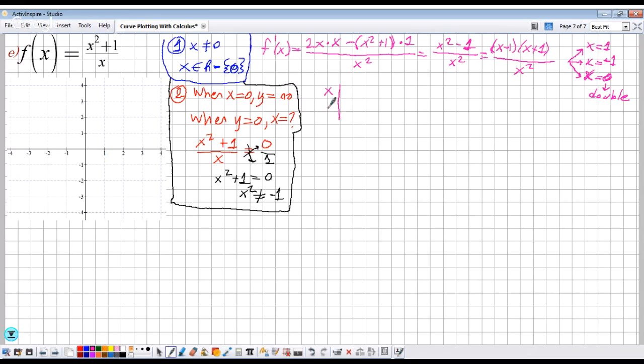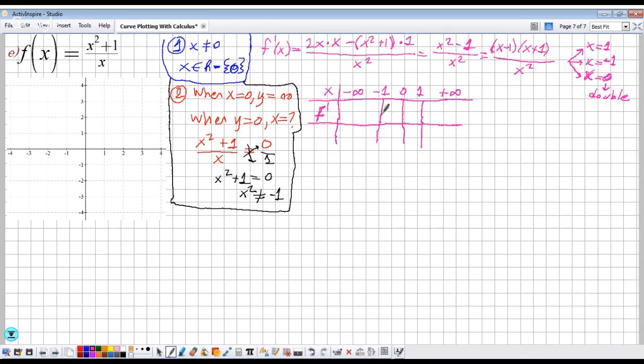Let's do the sign chart for the first derivative. We will check all real numbers from minus infinity to plus infinity. The critical numbers are minus 1, 0, and plus 1. Here I will be checking the signs of the first derivative in this row.